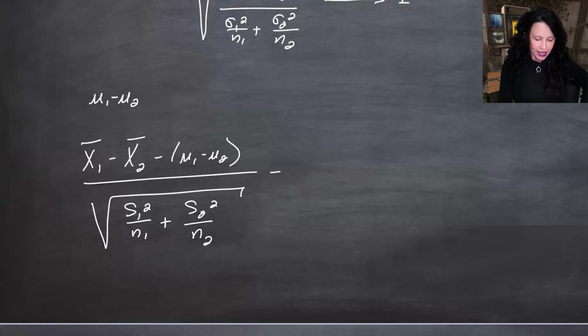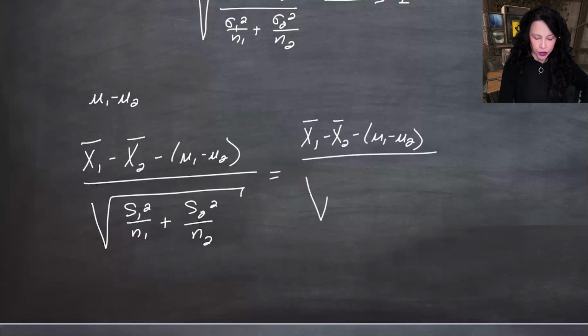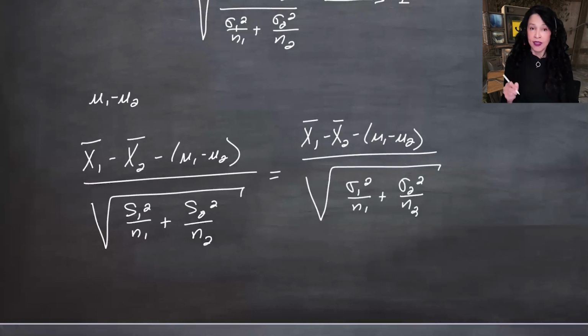But what we really need to say is that this is x1 bar minus x2 bar minus mu1 minus mu2 over the square root of sigma 1 squared over n1 plus sigma 2 squared over n2. In the case that we have normal distributions, this is definitely a normal 0, 1, and yet this is not equal to the thing before it.